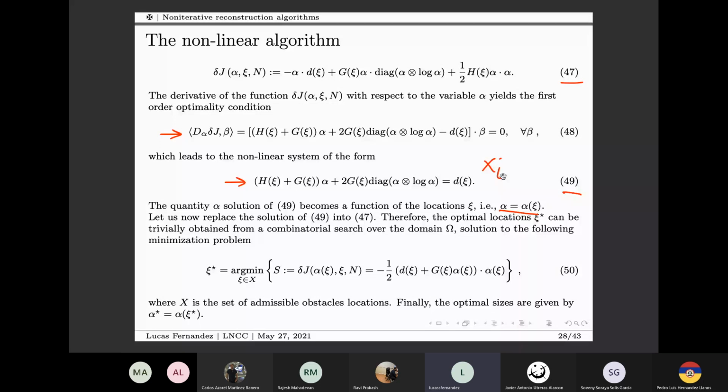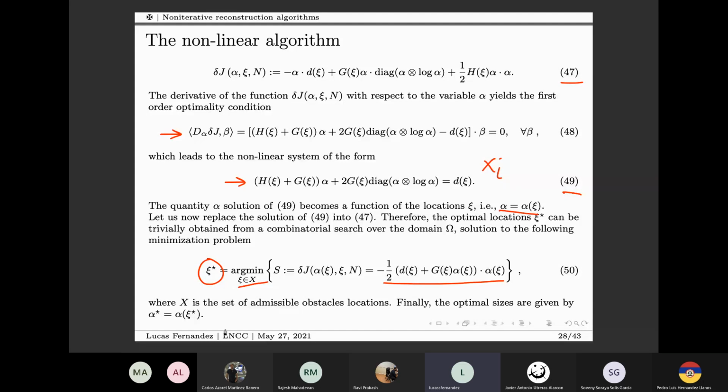So next we replace the solution of 49 into expression 47, and we obtain the expression between braces in 50. So we find the optimal location of the obstacles, denoted by psi star, by solving this minimization problem, which requires a combinatorial and exhaustive search over all the points pertaining to the set of admissible locations, capital X, okay?